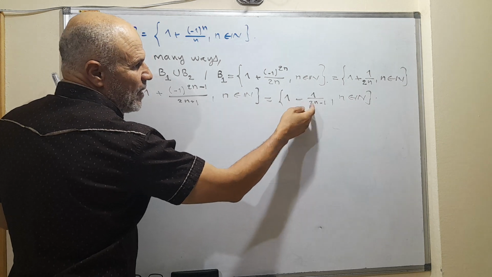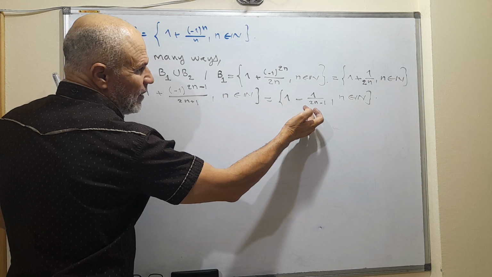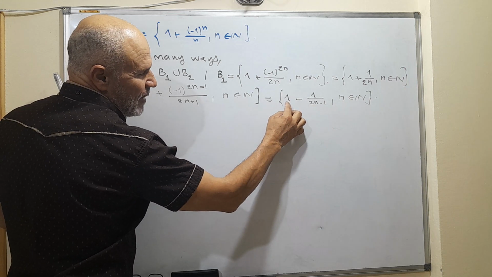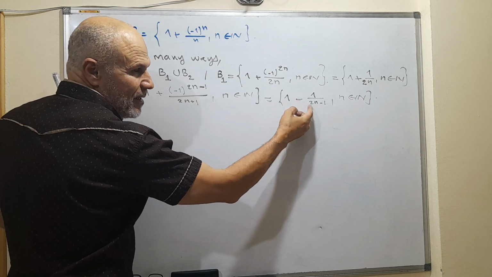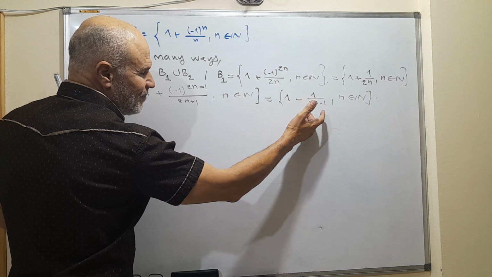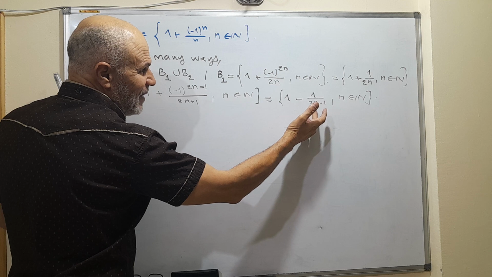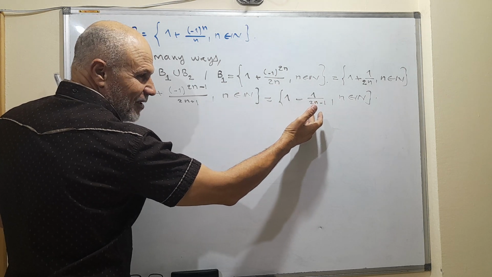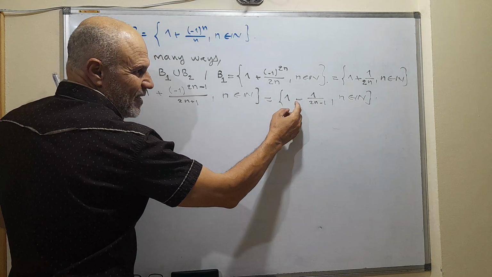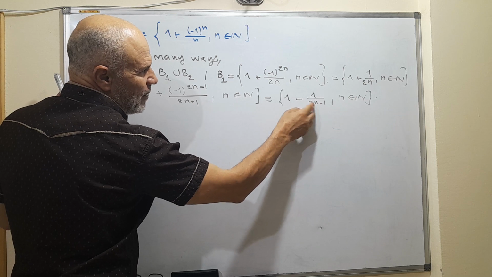Since this sequence is an increasing one, non-decreasing, the first term for n equal to 1 is 0.